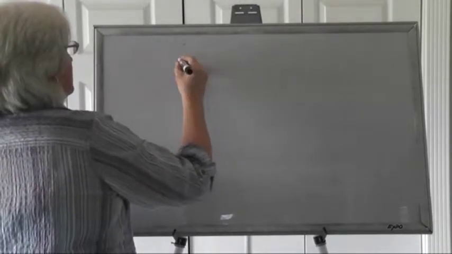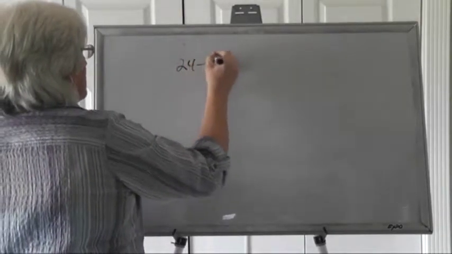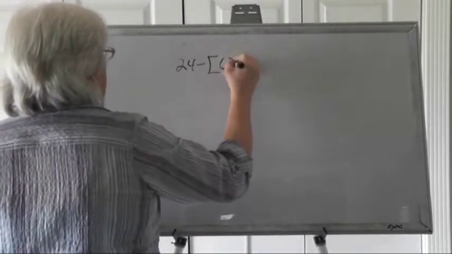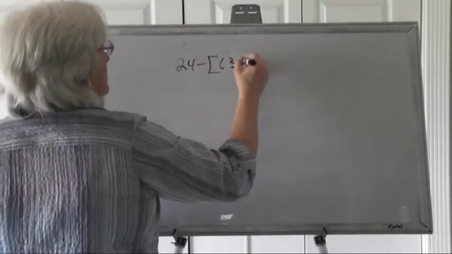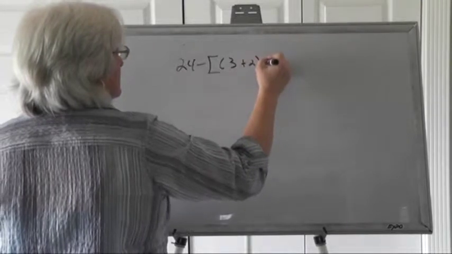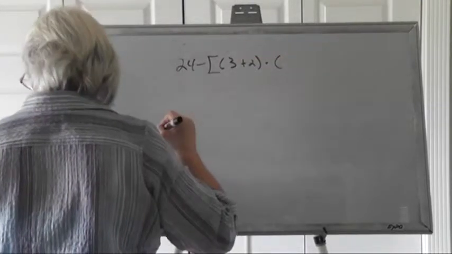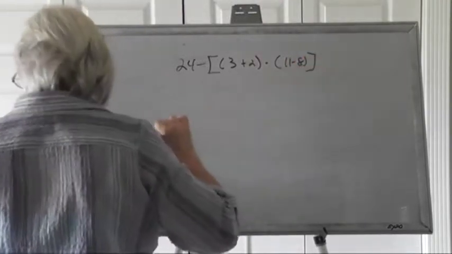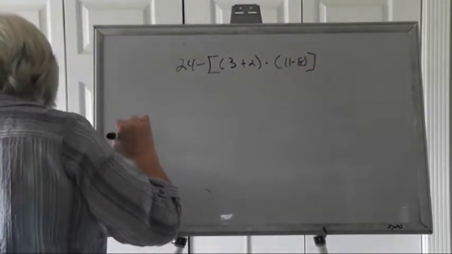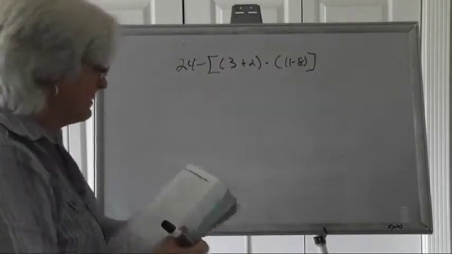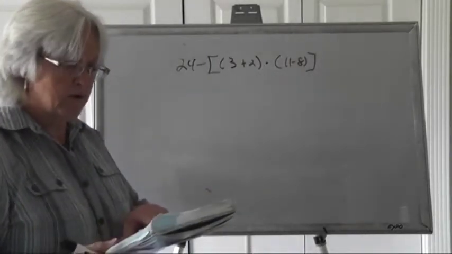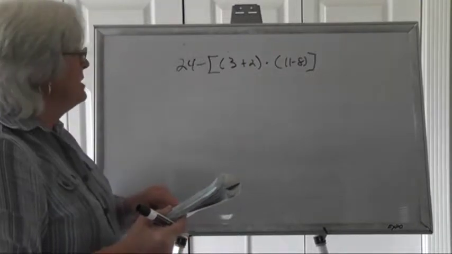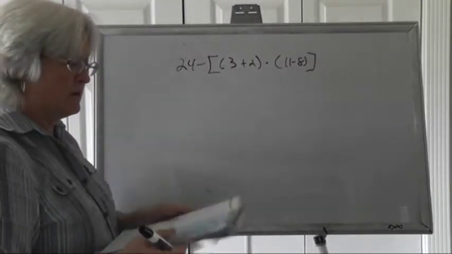So we have 24 minus, open bracket, the quantity 3 plus 2 times the quantity 11 minus 8, close bracket. Let me make sure. Page 43, 26. 24 minus quantity 3 plus 2 times quantity 11 minus 8, close bracket.